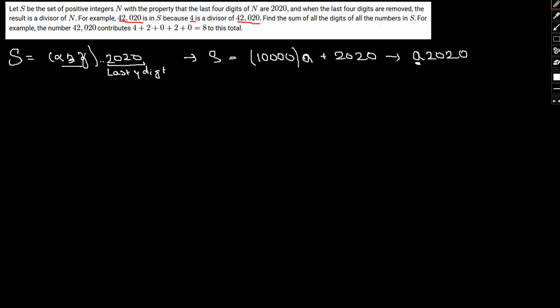For a to divide the number itself, a needs to completely divide 10,000 times a, which it will, and a also needs to completely divide 2020.